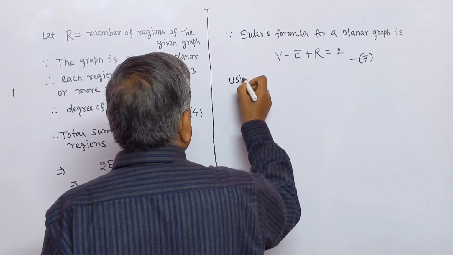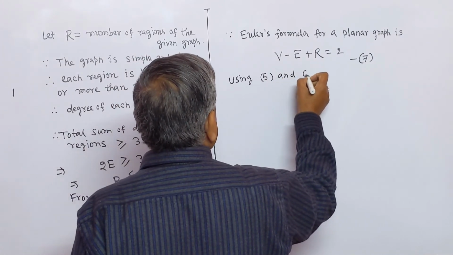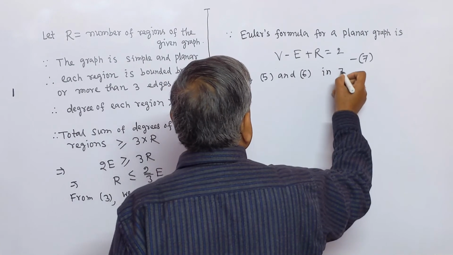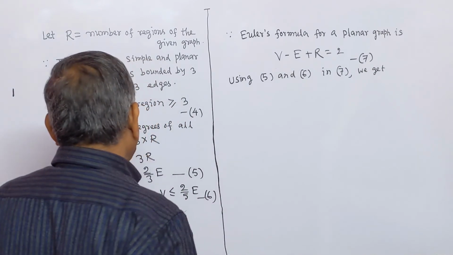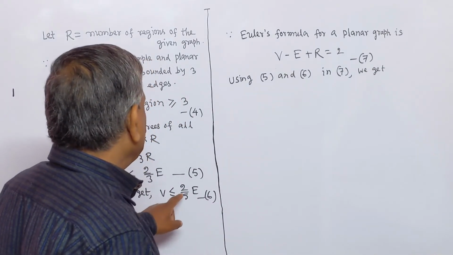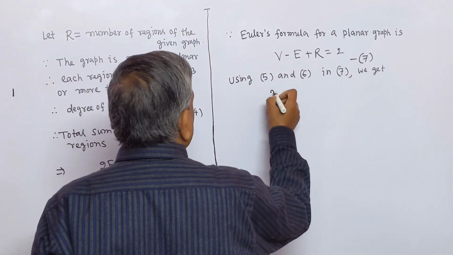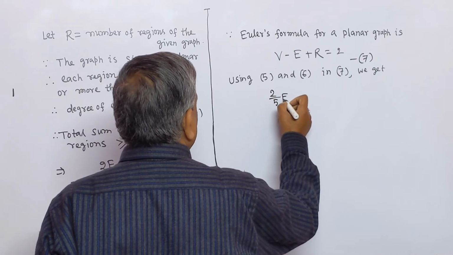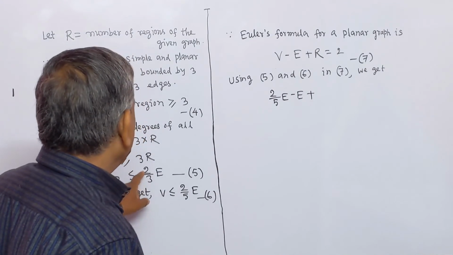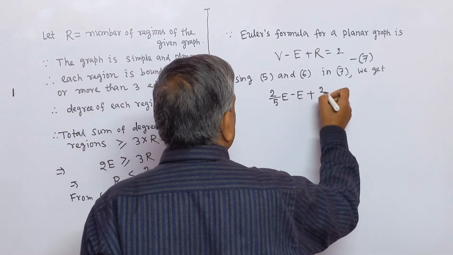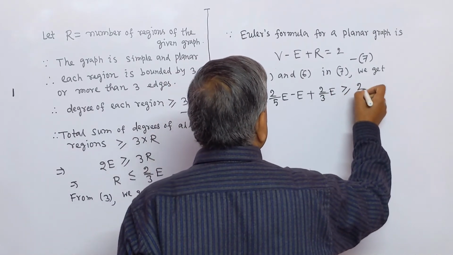Using 5 and 6 in 7, we get: here V is less than or equal to 2/5 E. In place of V we write 2/5 E minus E, in place of R we write 2/3 E. Then the left side will be greater than or equal to 2.